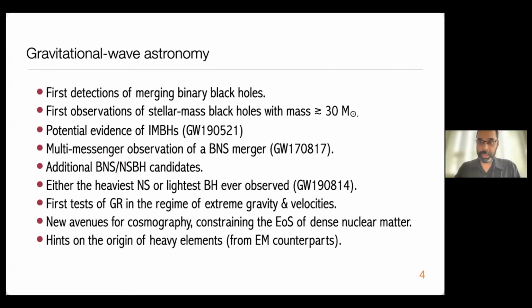And the multi-messenger follow-up from the double neutron star merger GW170817 has resulted in a whole suite of very interesting science by itself, including possible hints of the origin of heavy elements in the universe.